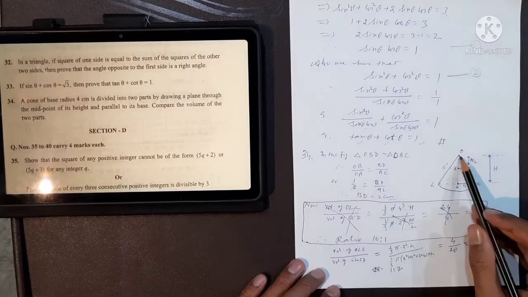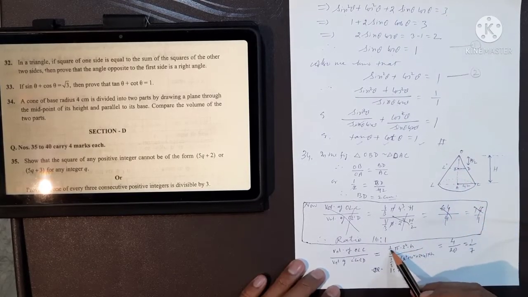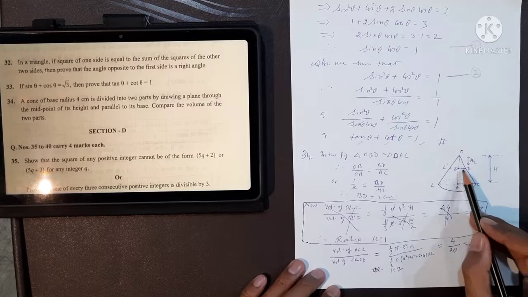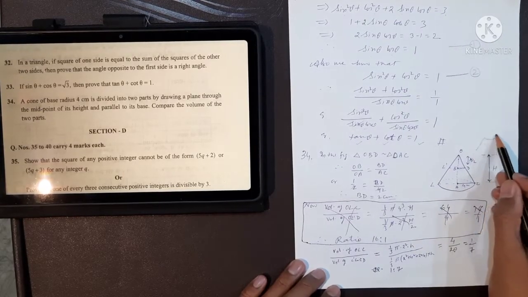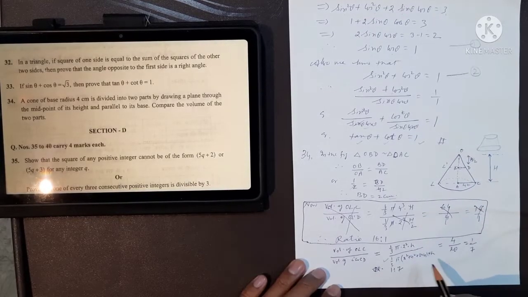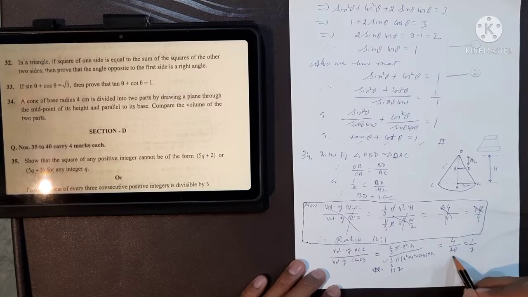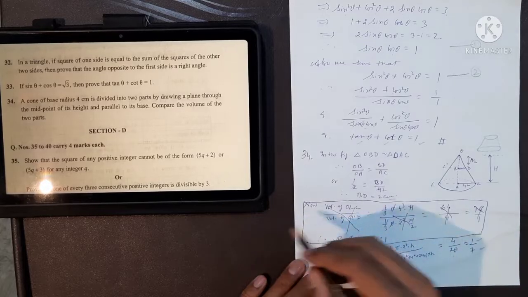So the volume of upper cone is 1 by 3 pi r square h, 1 by 3 pi into 2 square h, and the remaining portion will be a frustum. So the frustum formula is this. We apply these two formulas, so we get 4 by 28, and then 1 by 7 is the answer.